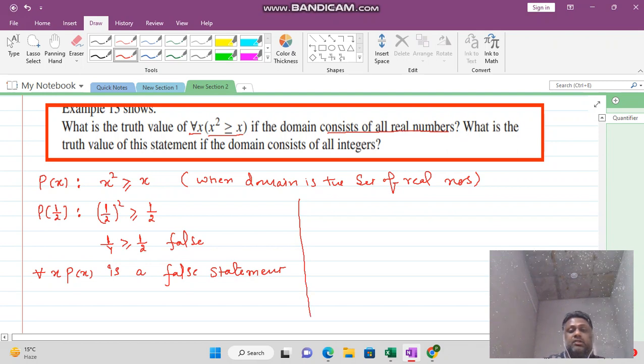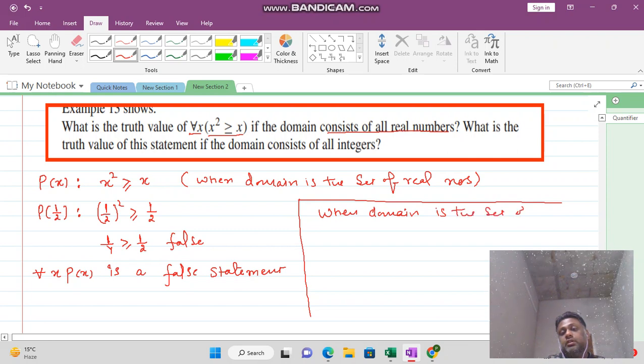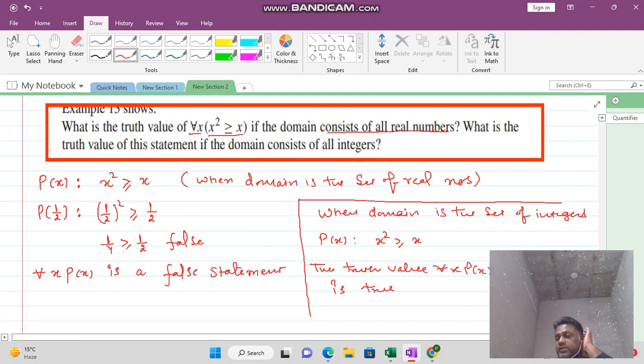But when we consider the set of integers, when the domain is the set of integers, then for the statement x square is greater than or equal to x, the truth value of "for all x, P(x) is true" is true, because there is no integer for which this is false.